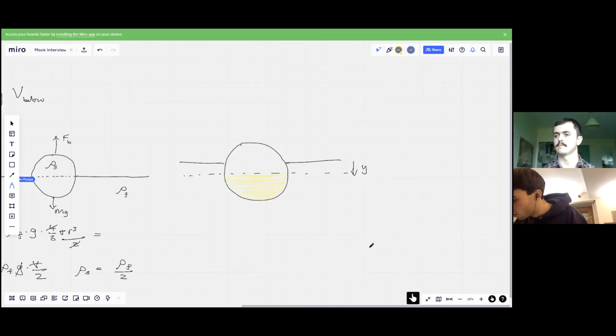So the additional volume we have below the surface is this volume here. So if I can find an expression for that volume in terms of y, then I can find the increase in the buoyancy force.